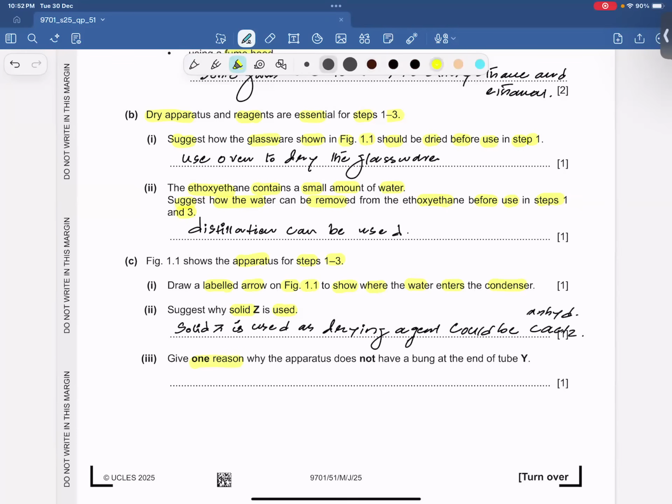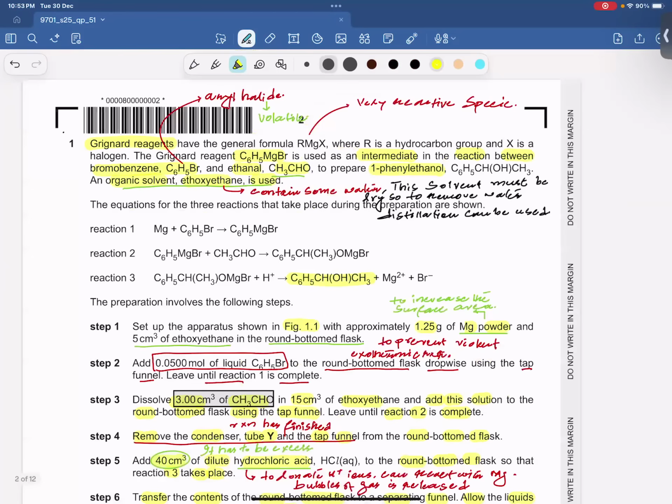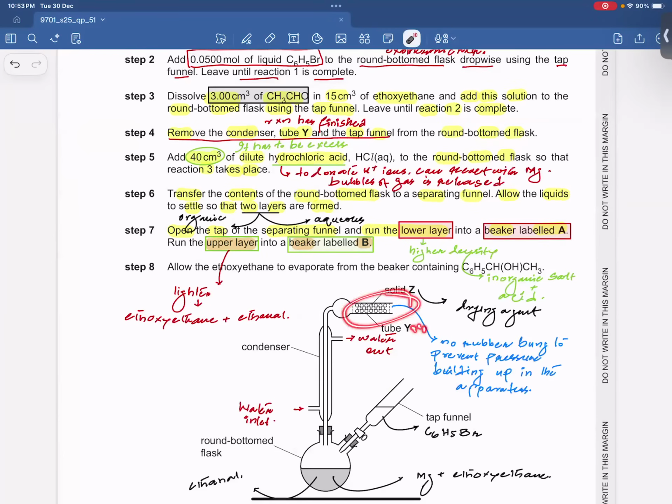Give one reason why the apparatus does not have a bung at the end of the tube. That's what I've told you. It doesn't have any bung here. So gases can be removed from here, but that's not going to happen because we need to maintain the pressure, okay?